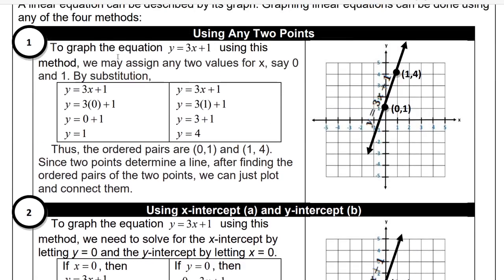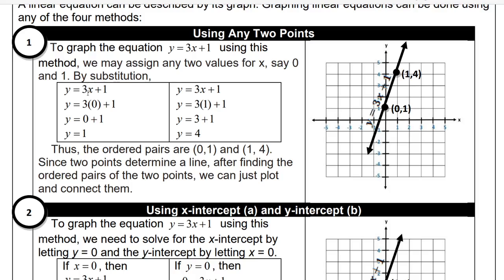using any 2 points. To graph the equation y equals 3x plus 1 using this method, we may assign any 2 values of x, say 0 and 1. You can assign any number for the values of x. Here in the example, they assign x which is equal to 0 and 1.